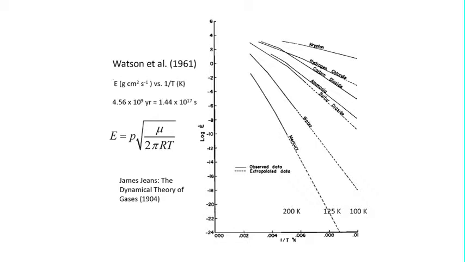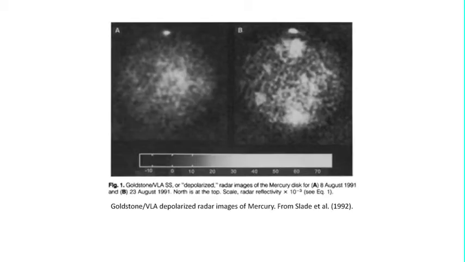Okay. Now, I'll start off sort of moving historically. This is also a Caltech JPL group, Slade, Butler, and Muhleman, who used Goldstone as a transmitter of, I think this is 3 centimeter radar waves, circularly polarized, and they used the Very Large Array as a receiver, somehow synced up, and they got these images of Mercury.